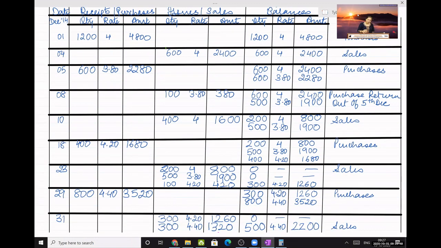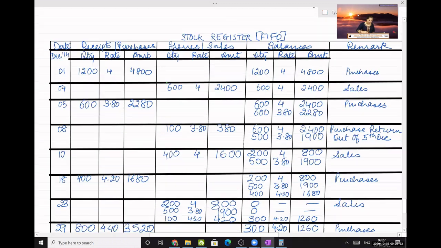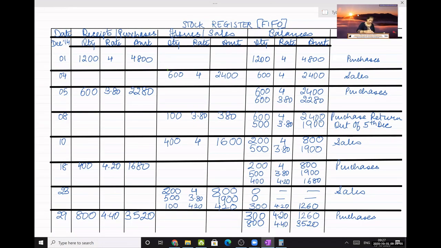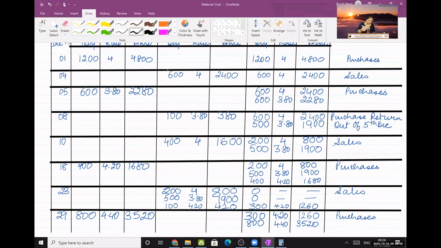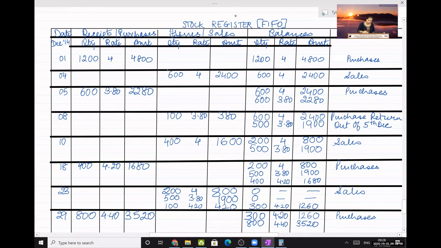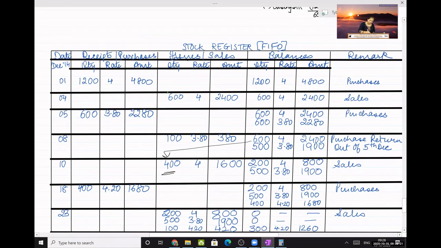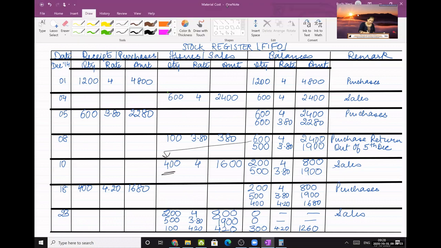नेक्स्ट 10th को, नाउ इट्स इजी. 10th को there is a sale. Okay, what you will consider? First in first out, right? 10th को there is a sale of how many units? 400 units, ठीक है, first in first out, note it down.